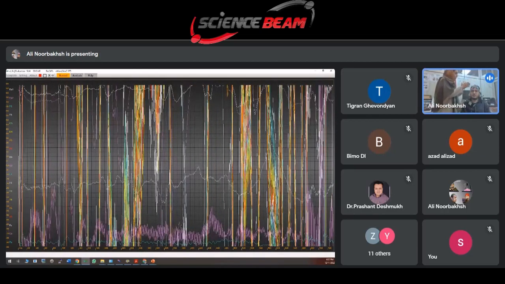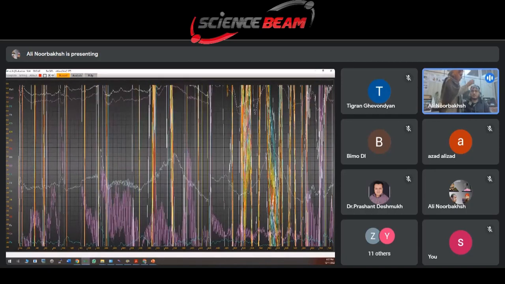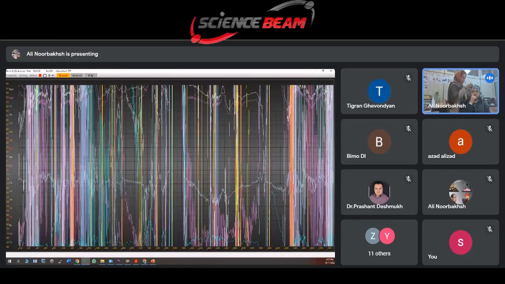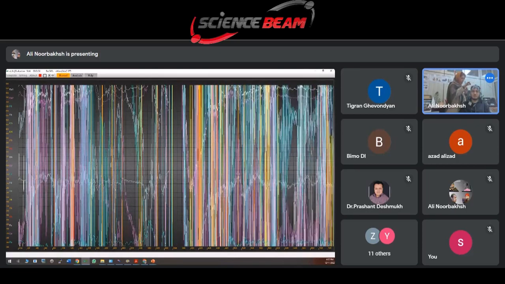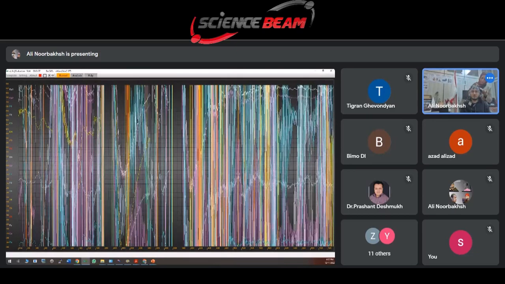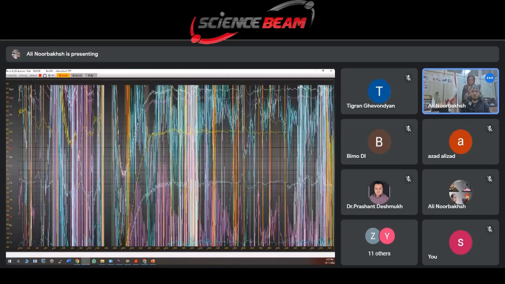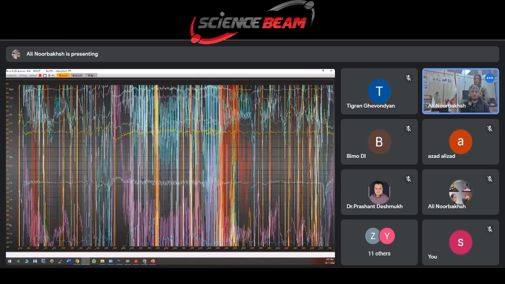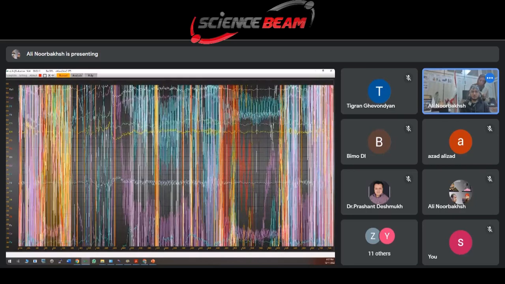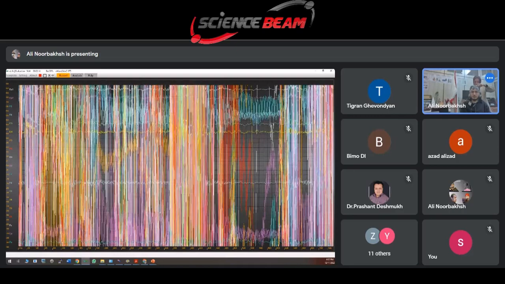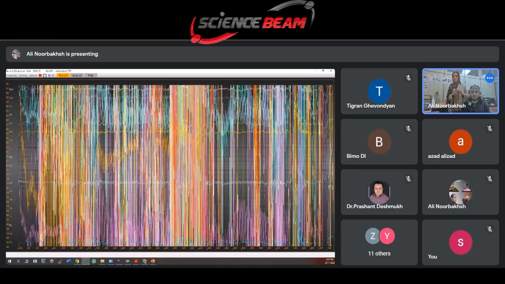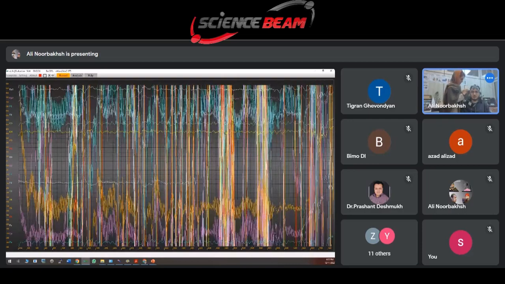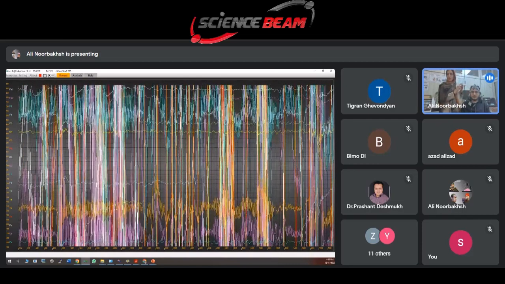FP1, FP2, F3, F4. When I'm injecting gel, noise was removed. Can you see the signal?